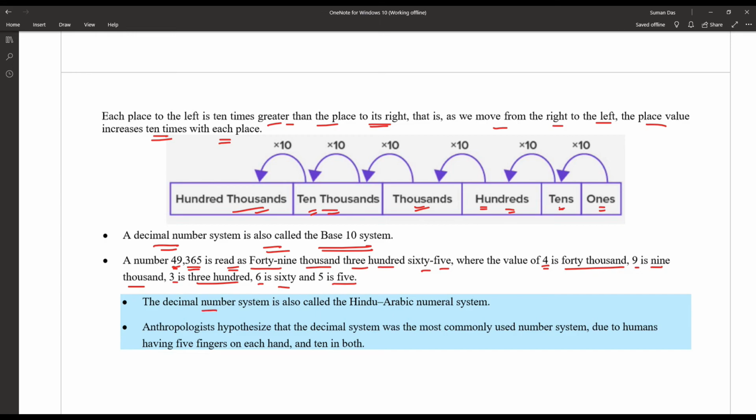The decimal number system is also called the Hindu Arabic numeral system, and anthropologists hypothesize that the decimal system became the most commonly used number system due to humans having 4 fingers on each hand. That means 10 on both hands.